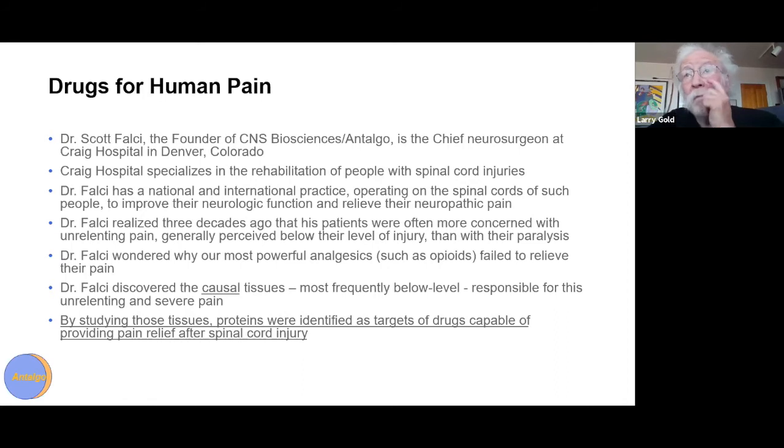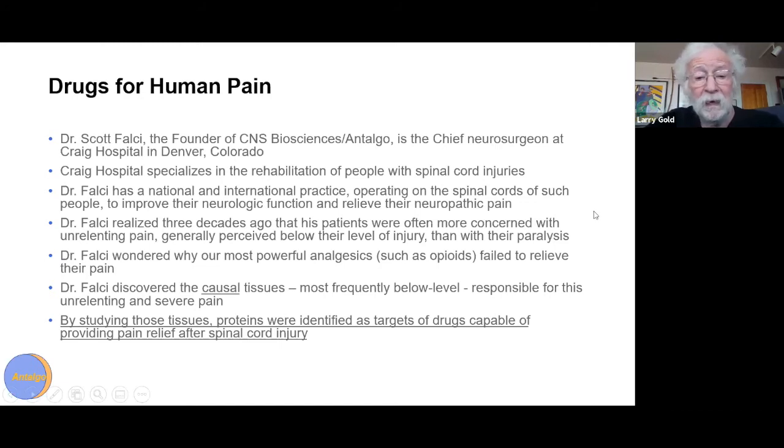And after a month or so, the bulk of the patients who had traumatic spinal cord injuries were complaining less about their paralysis and more about their pain by far. And they would sometimes get suicidal because the pain was so intense. It took about a month to develop, sometimes a little longer, but it's fast.